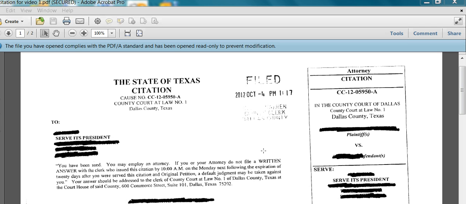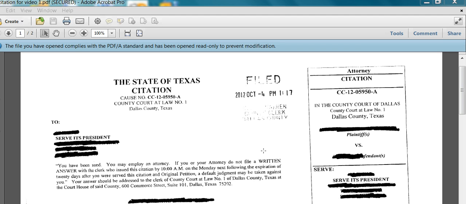The citation is a document that is generated by the clerk of the court. And this particular citation comes out of Dallas County. And so this is what these citations look like that come out of Dallas County. It really depends on what county you're in as to what form the citation takes.